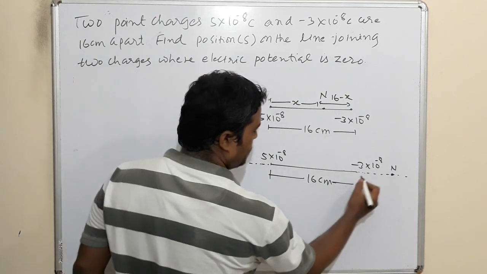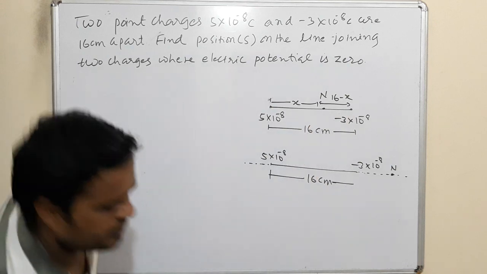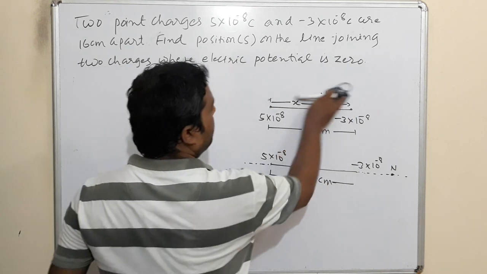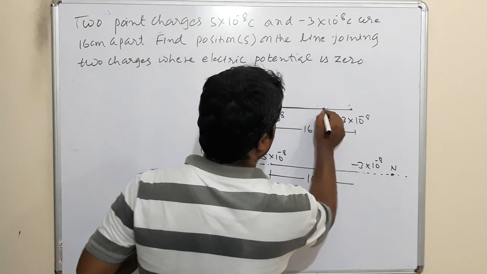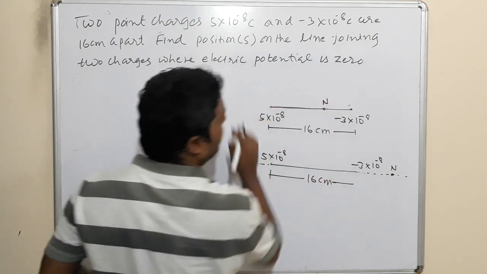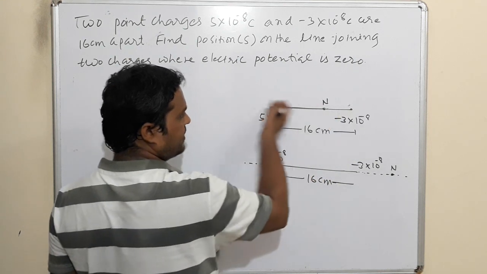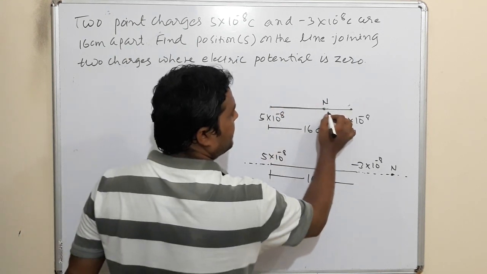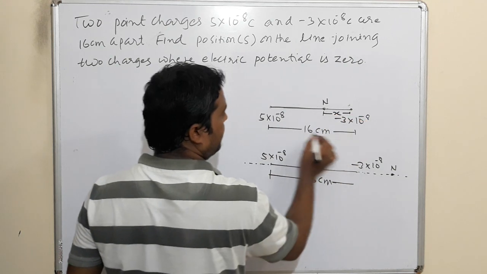Then if it exists outside, the distance between these two charges, you can clearly observe. This is the null point. Let us suppose the distance between the neutral point and this charge is x.